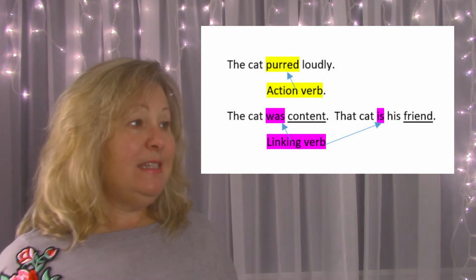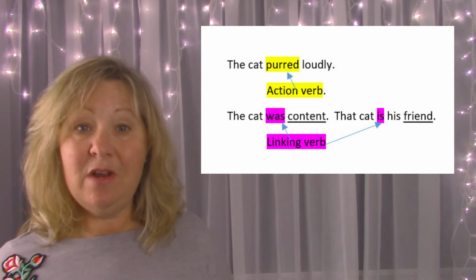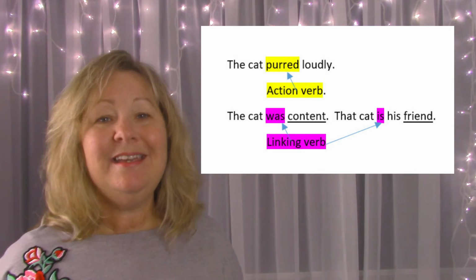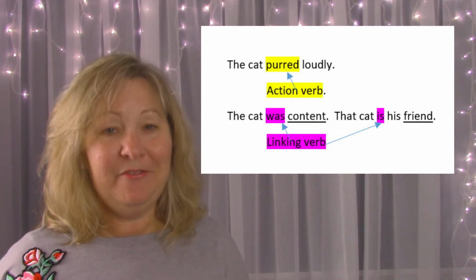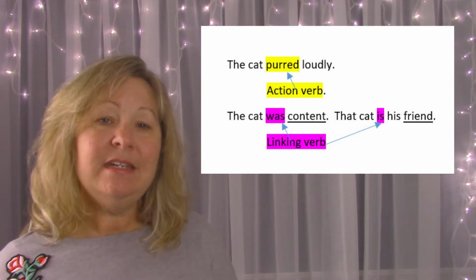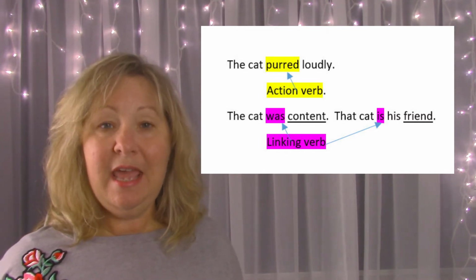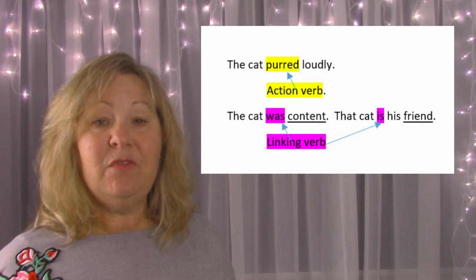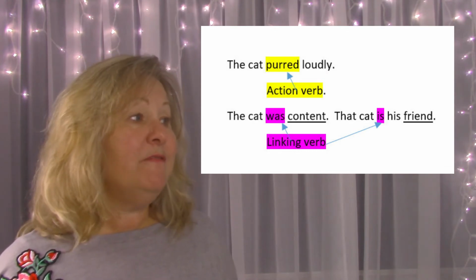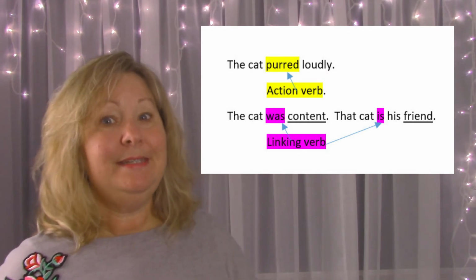The other sentence says, the cat is his friend. Is is being used here as a linking verb, and friend is the noun that is being connected to the cat. His friend is the complement of the verb is.